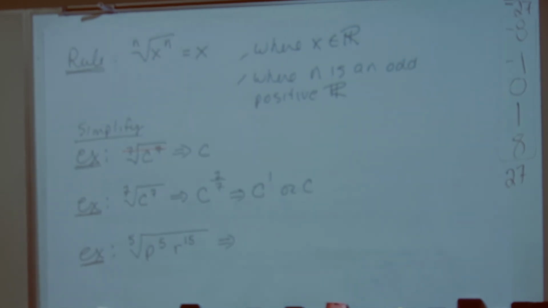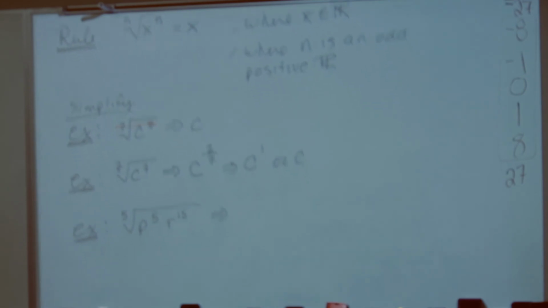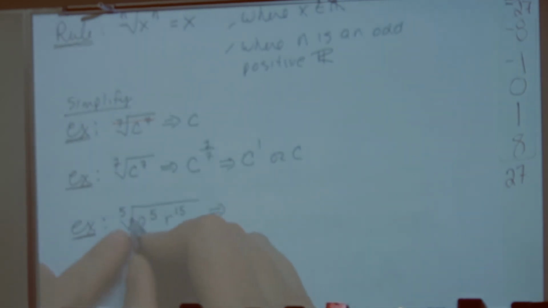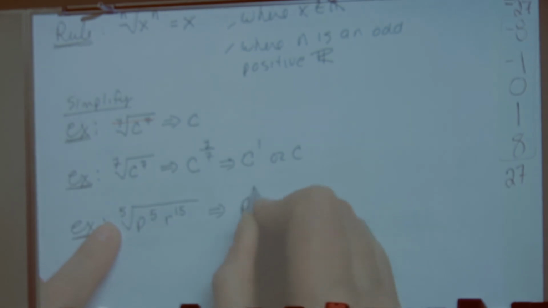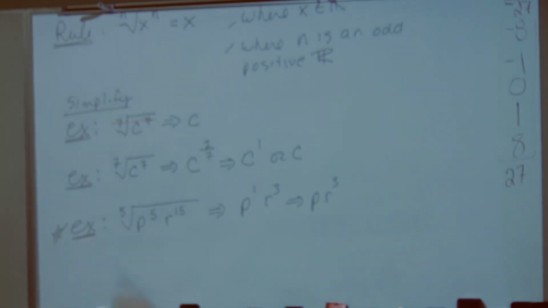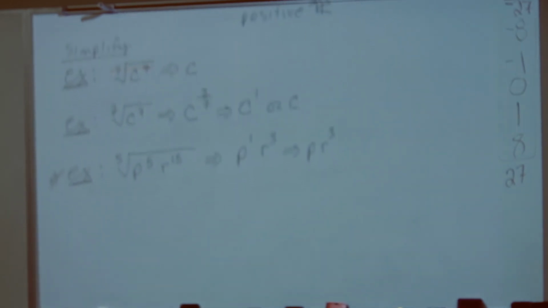Are they all divisible by 5? Absolutely. So, what is 5 divided by 5? 1. What is 15 divided by 5? 3. So you can write this as p to the 3rd, or you can just write it as p cubed. So that's just a lovely little what if scenario.